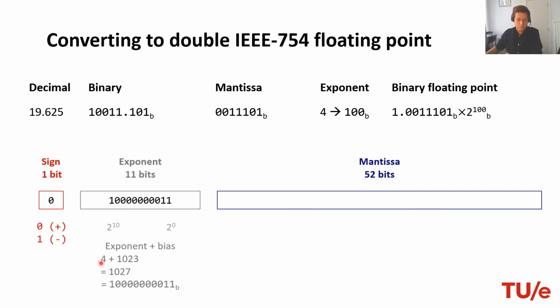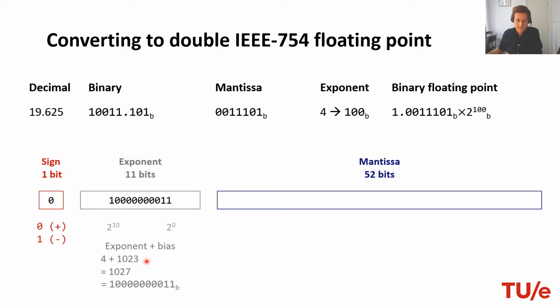So we just plug that into there, and the computer knows that when we store this, this means that the exponent plus bias is 1027, so the actual exponent would be 4, because we have taken account of this bias over here.